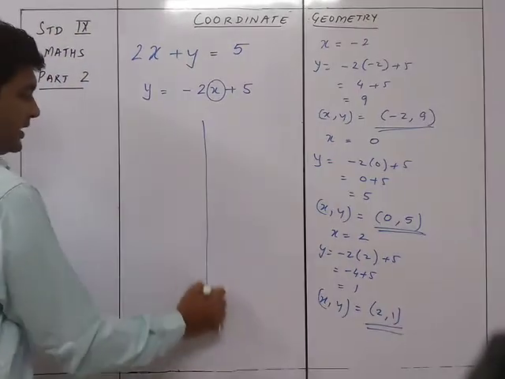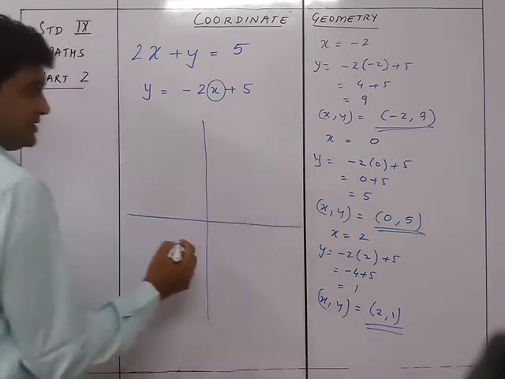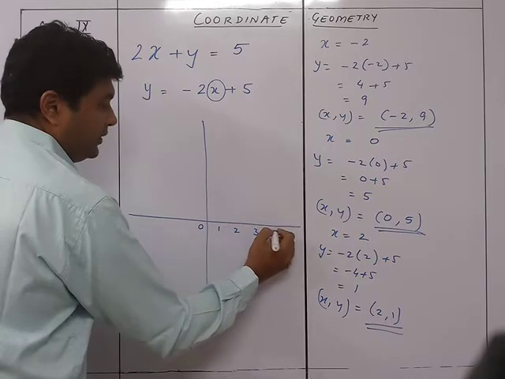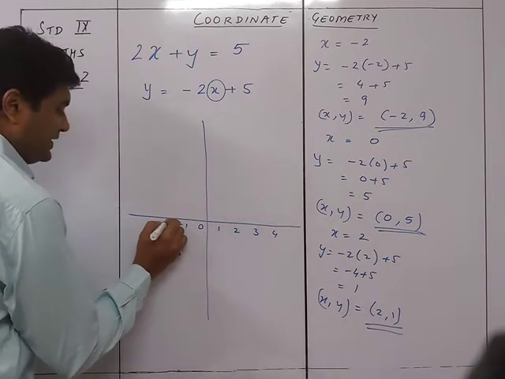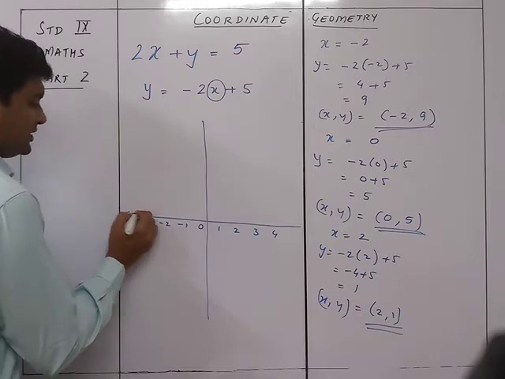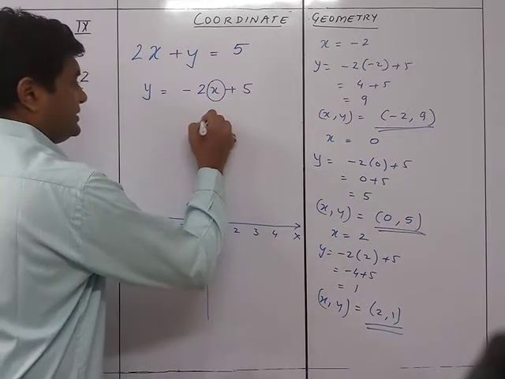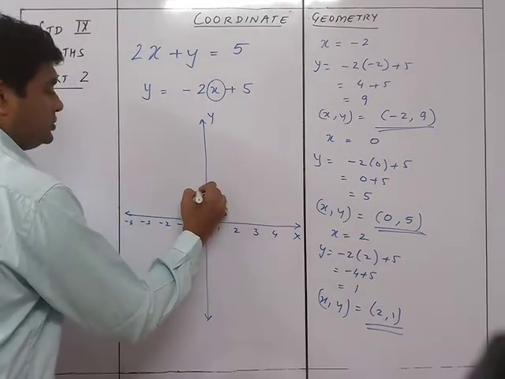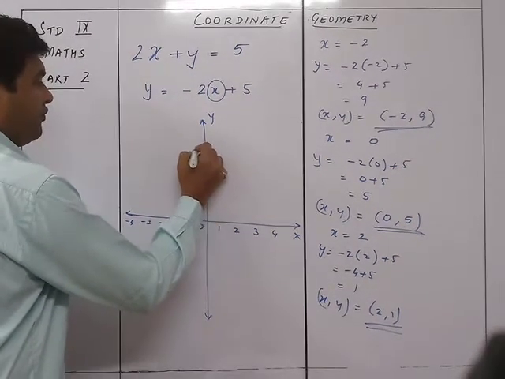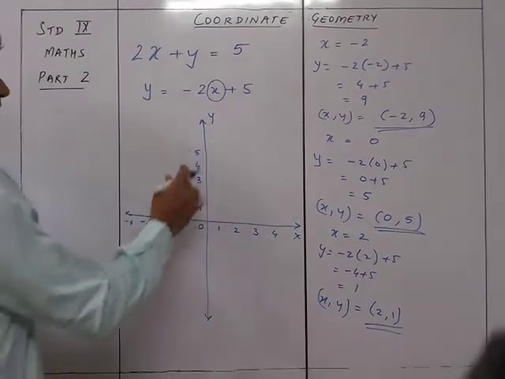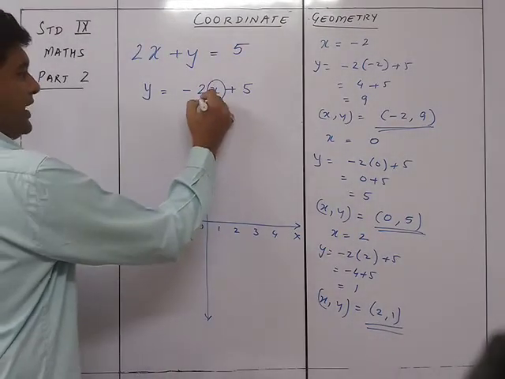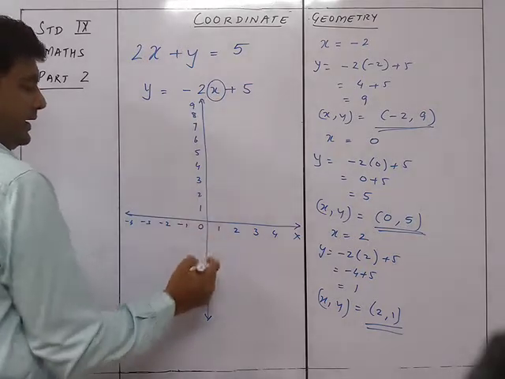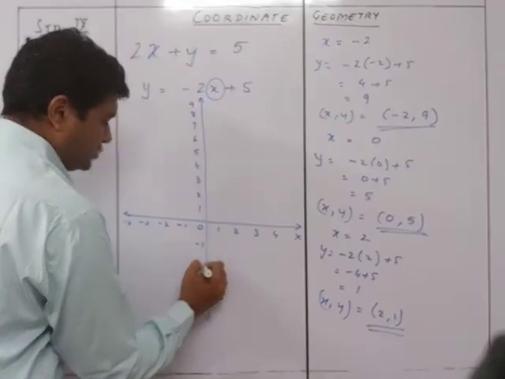I make a graph like this, with 0, 1, 2, 3, 4 and minus 1, minus 2, minus 3, minus 4 on the x-axis, and on the y-axis 1, 2, 3, 4, 5. Because it's up to 9, right now we'll just take up to 9 so that there is no confusion. And the other side is minus 1, minus 2, minus 3.